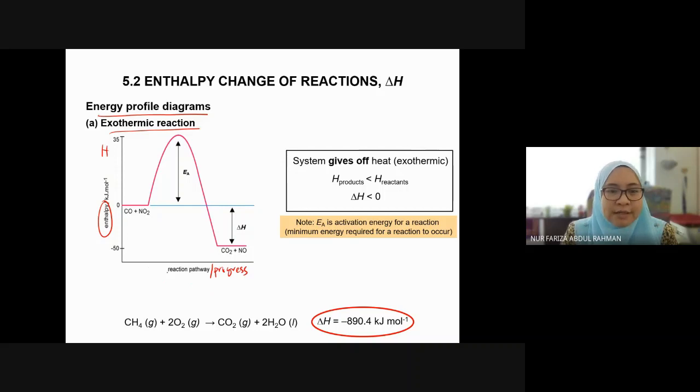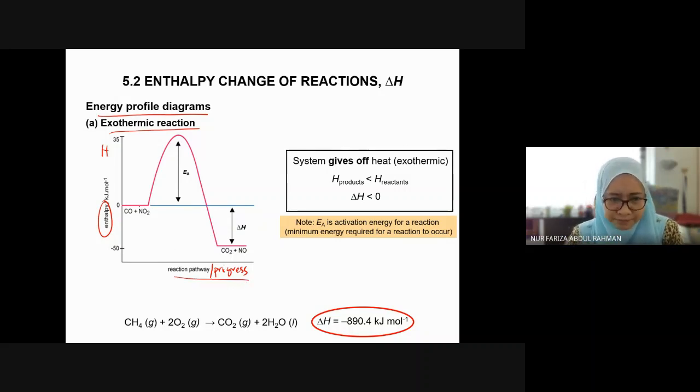In a way it is like time, but we do not put time because we do not want to record the time, 5 minutes, 10 minutes, 15 minutes. Instead we put progress because we know that the reaction will progress. So over time the reaction will progress, so we do not need to put time there. We can put reaction pathway or progress.